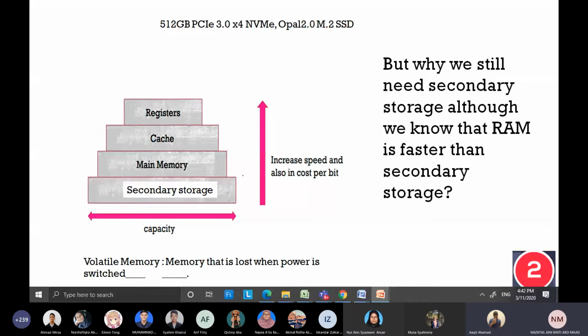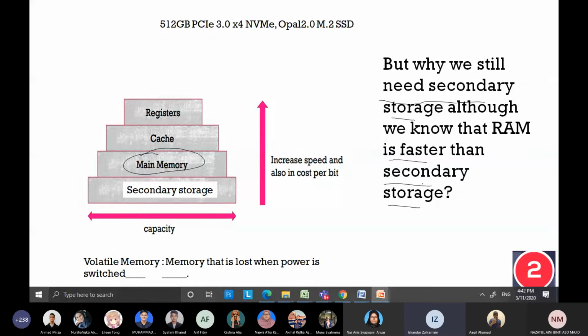We know that main memory is fast here, but why do we still need secondary storage, although we know that RAM is faster than secondary storage? RAM is volatile, so it needs electricity; if not, it will lose memory.